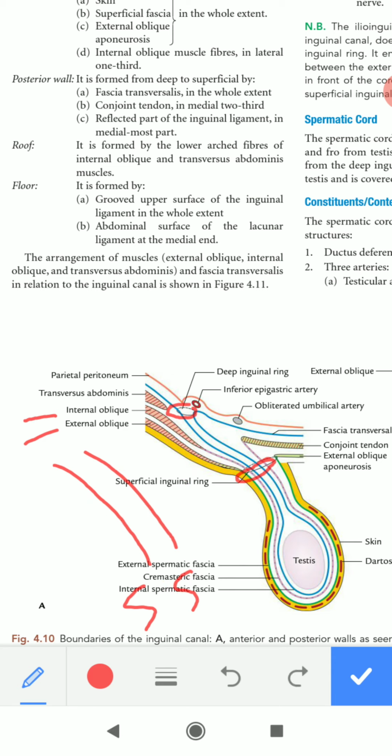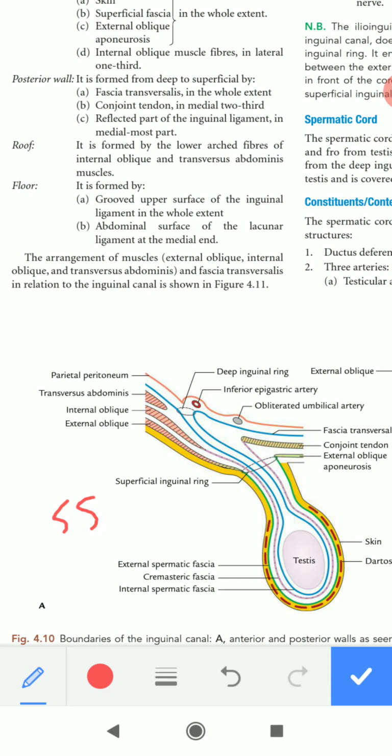But the internal oblique muscle, look at that, covers only the lateral one third. So skin, superficial fascia, and external oblique form the full length, but the internal oblique forms only the lateral one third of the anterior wall.